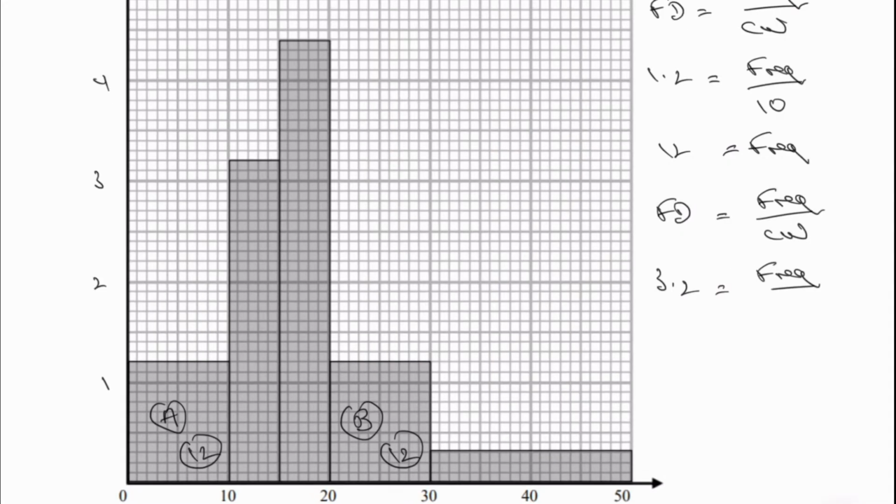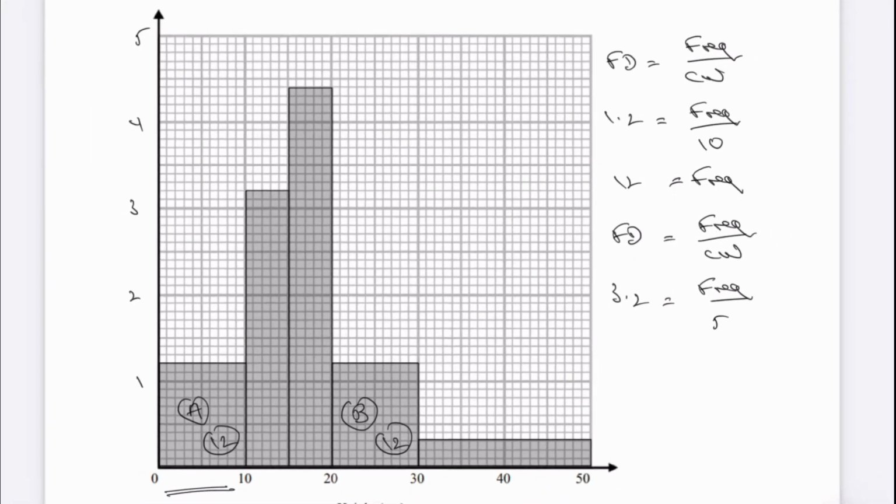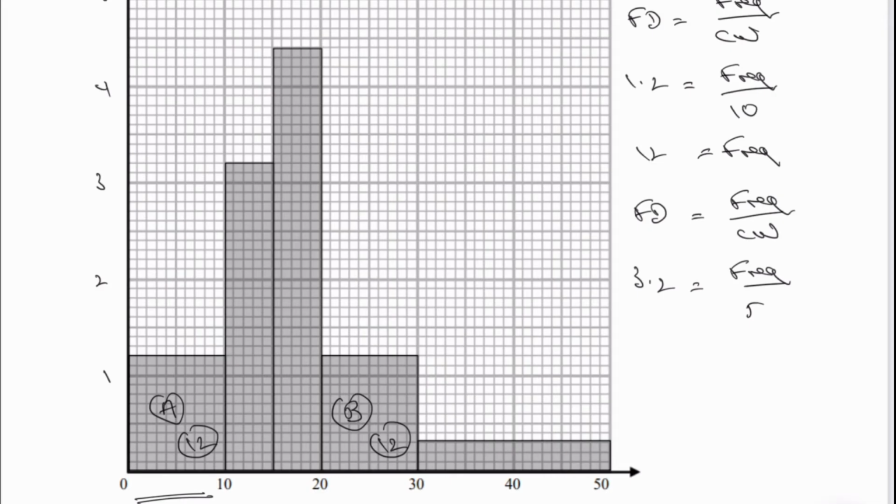So I can work out that the frequency on the second block is going to be 16. It's really just a case of applying this all the way through, and I'm going to get the third block as being 22, and the final block is going to be represented as 6.